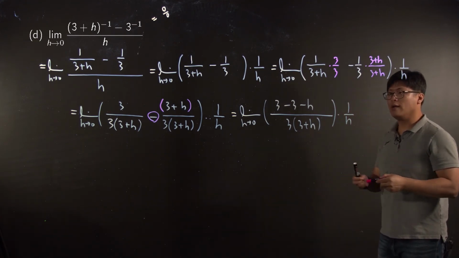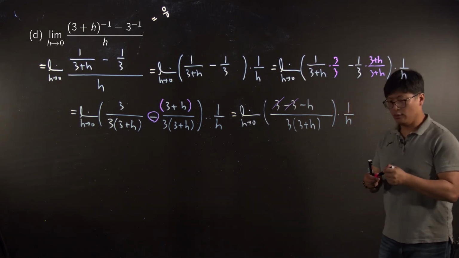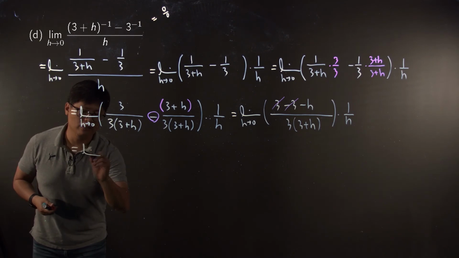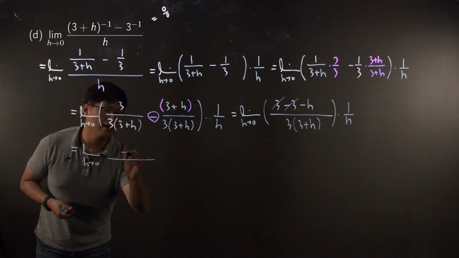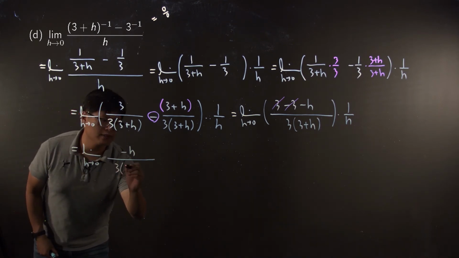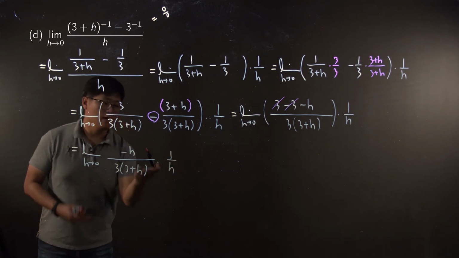It's really clear, right? Now, that already happened, okay? So let me rewrite this only here. Limit h goes to 0. And now, I have negative h only on my numerator, and 3 times 3 plus h here, then we have 1 over h outside. Look at that.